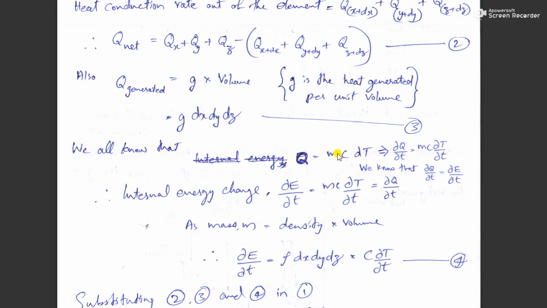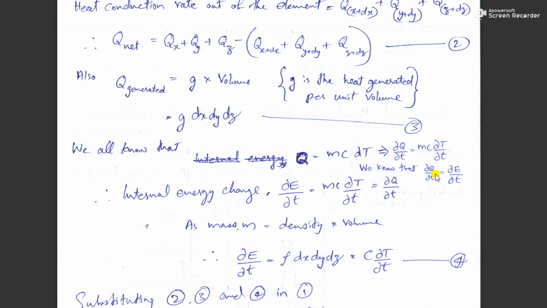So if Q is equal to mc dT, then dou Q by dou T is equal to mc dou T by dou T. That is, the change in heat per unit time is mass into C into change in temperature per unit time.